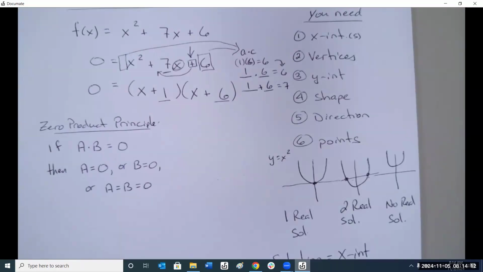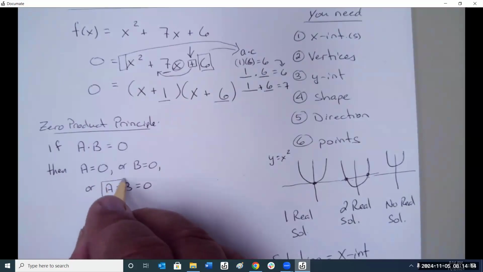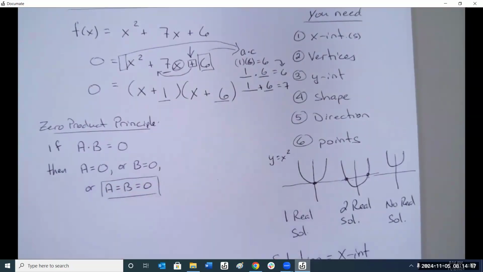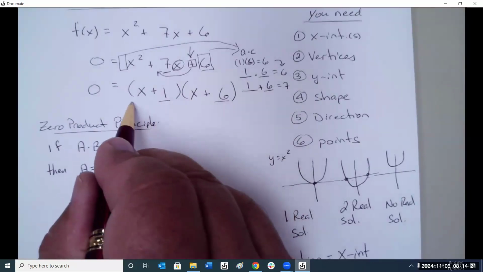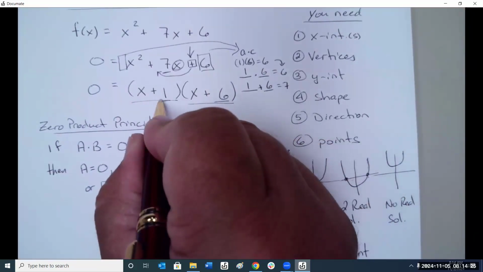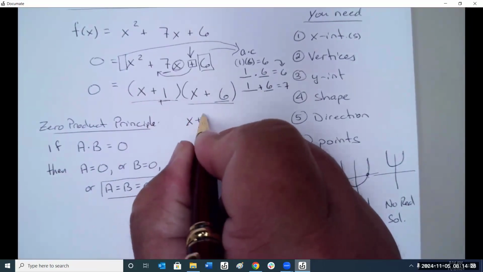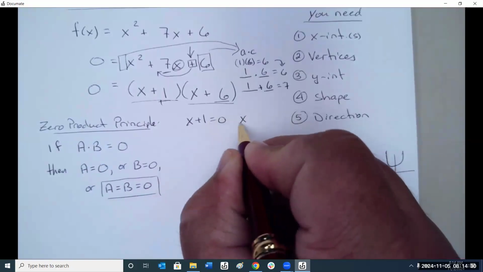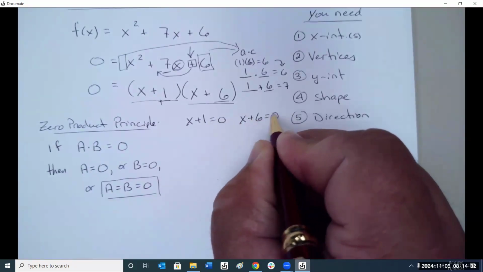And since we don't know which one's which, we always opt for the last one. Since this number times this number equals 0, what we have to do is take both of these and set them equal to 0. We have to find the x values.